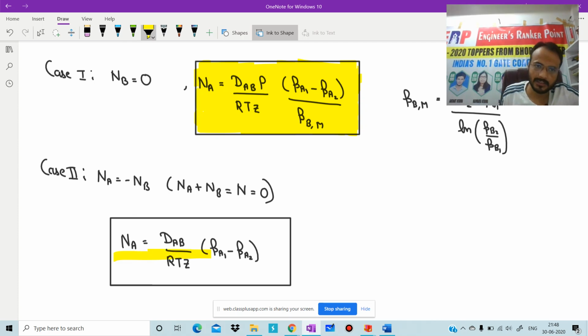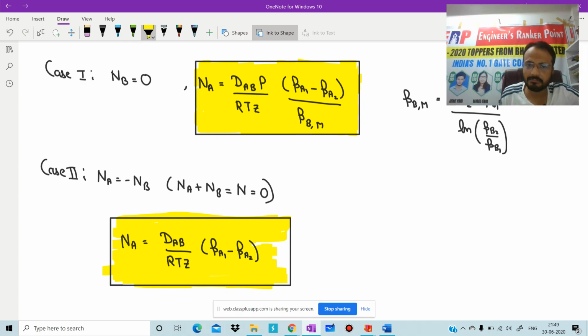Is it clear? This is our second one. Both formulas are very important.